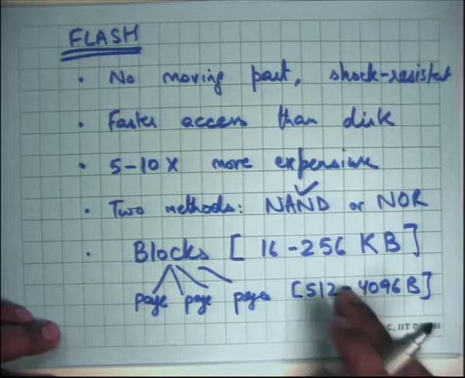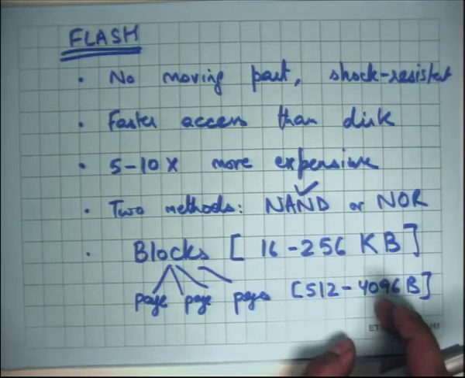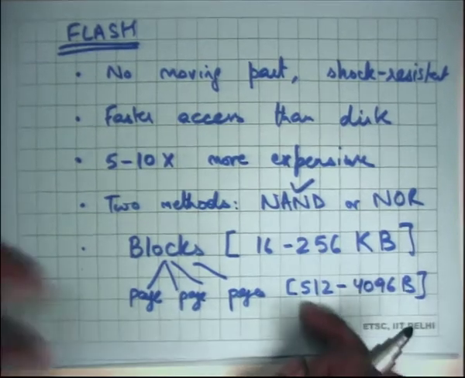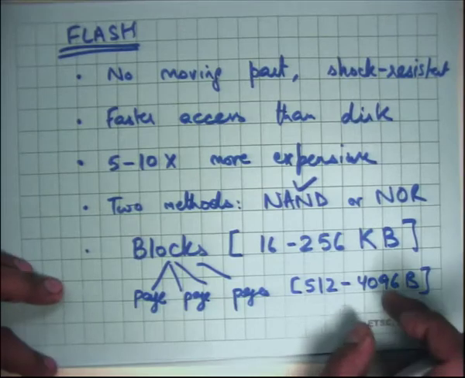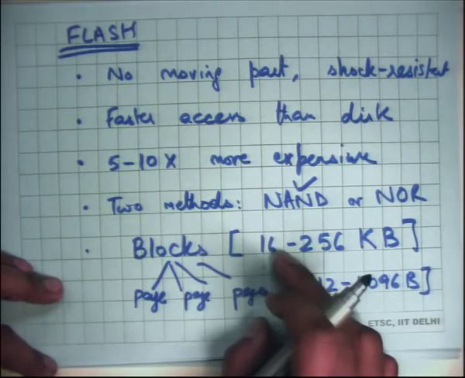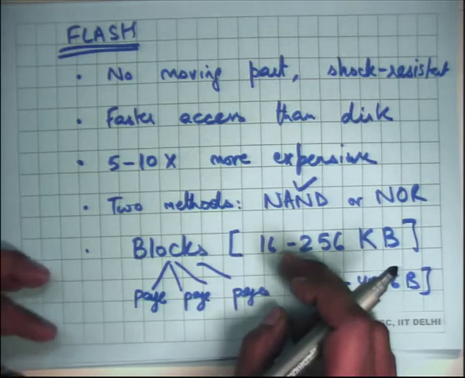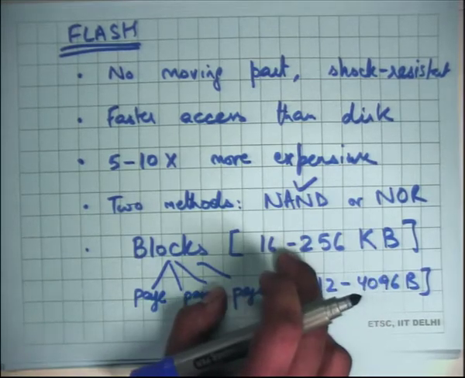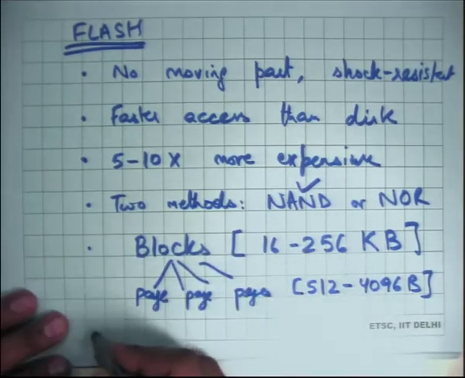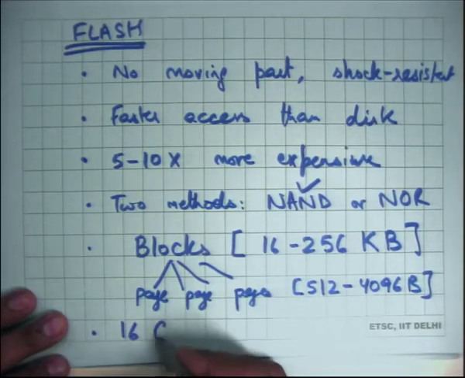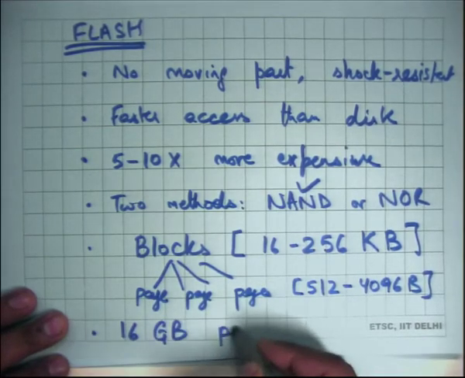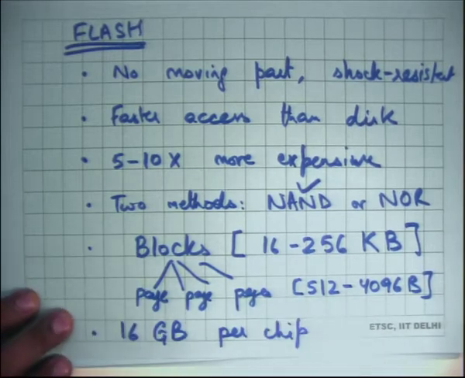So the page is basically the equivalent of a sector on a magnetic disk, roughly speaking. It's between 512 to 4096 bytes, but multiple pages are within a block, and a block is 16 to 256 kilobytes on today's flash. And total capacity today that you can get for a flash device is around 16 gigabytes per chip.